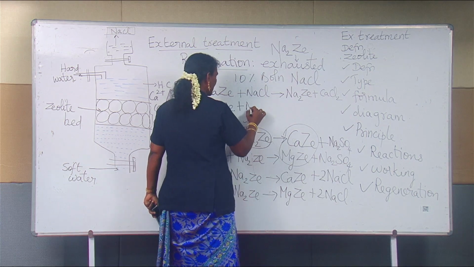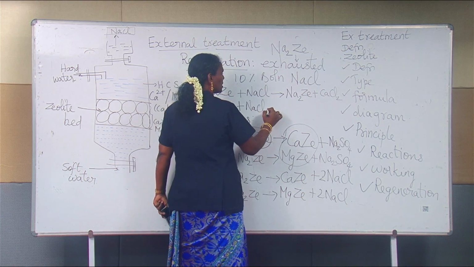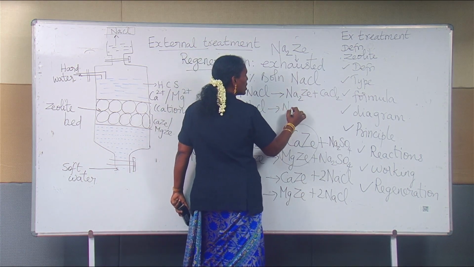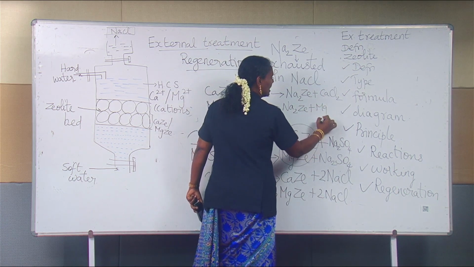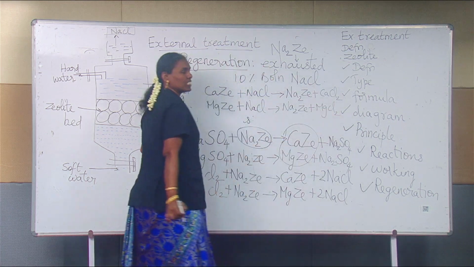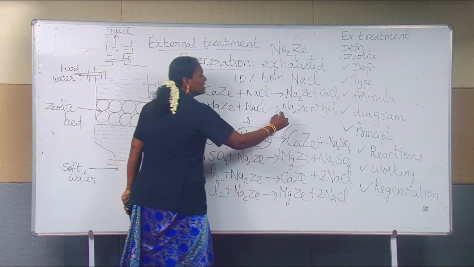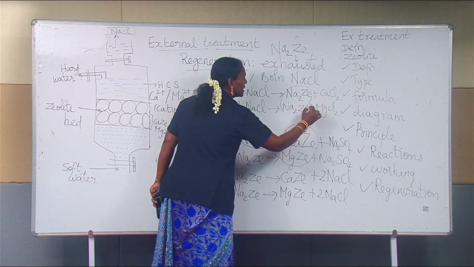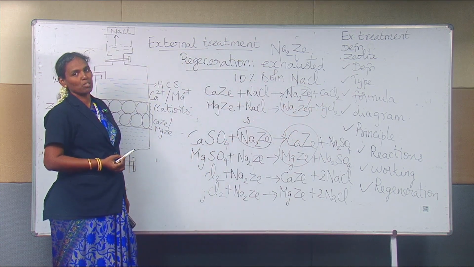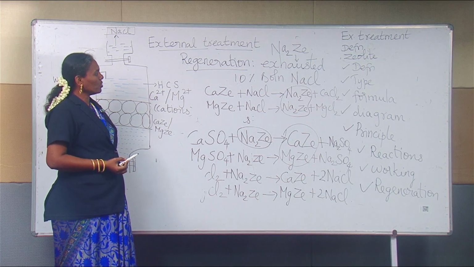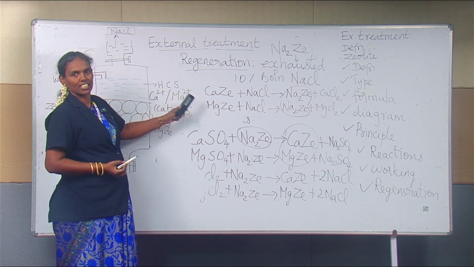Similarly, magnesium zeolite reacts with NaCl and forms Na2Ze plus MgCl2. Magnesium chloride is formed. Once again, sodium zeolite is regenerated from calcium and magnesium zeolite. So these are the regeneration reactions.